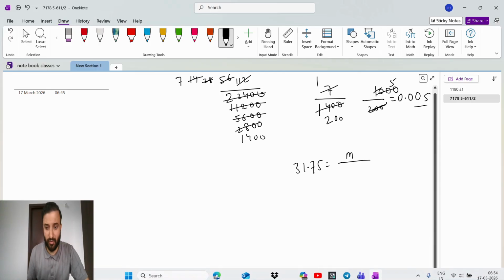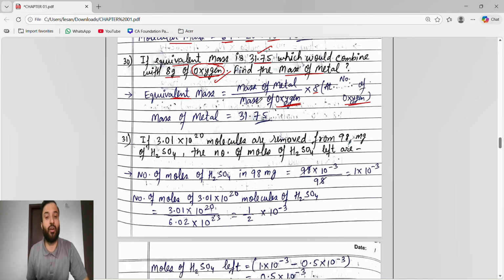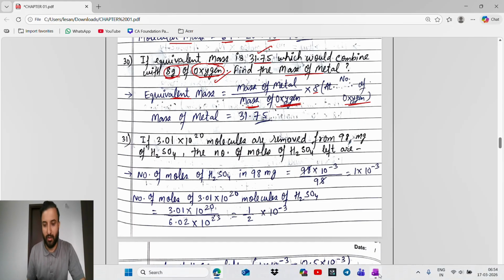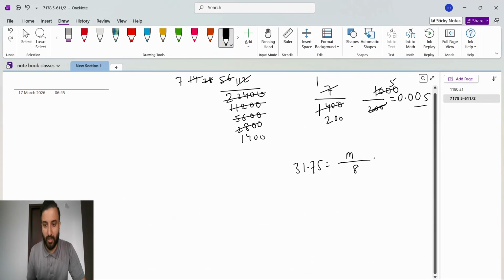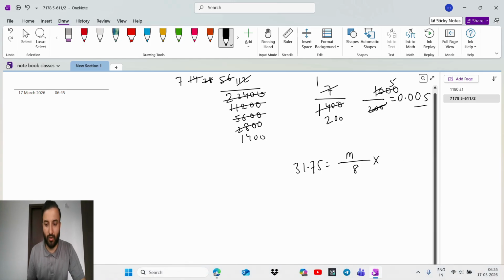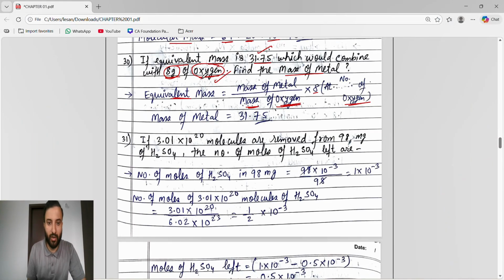What is the atomic mass of oxygen? Not the atomic mass, mass of oxygen. Mass of oxygen is what? Already given, 8 gram, into here the atomic mass of whatever element is present here.